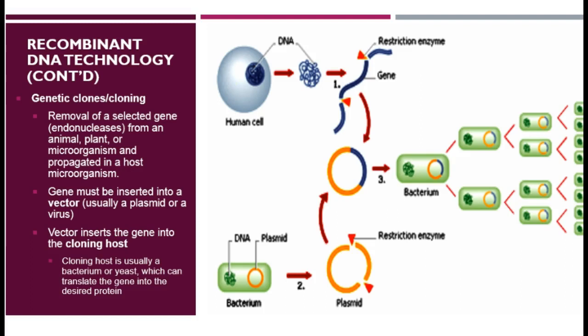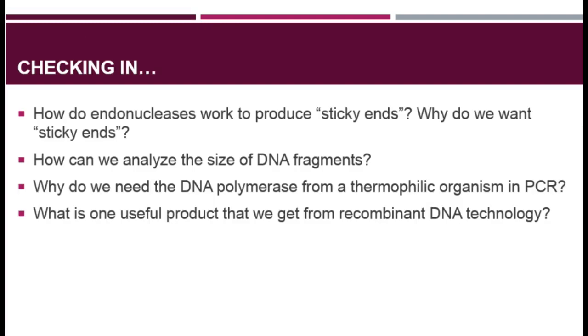Then we're going to put that plasmid into a bacterium, and because bacterium multiply at such a quick rate, short generation times, we're going to get the product of that gene very quickly. And then we can harvest the product, whether it's a particular hormone or an enzyme, maybe it's insulin. We can harvest that product from that organism.